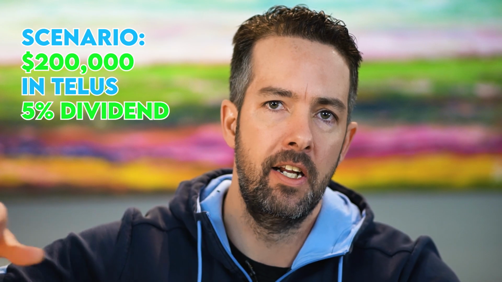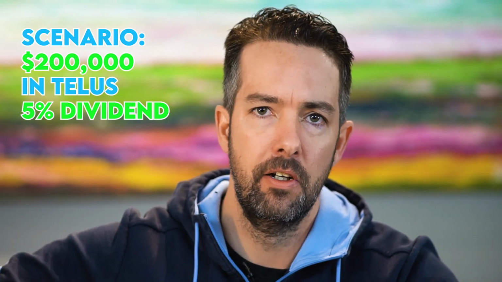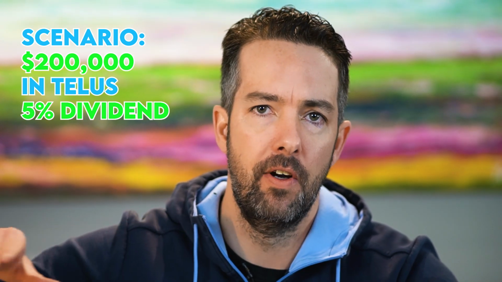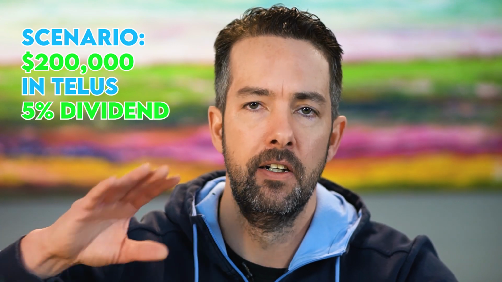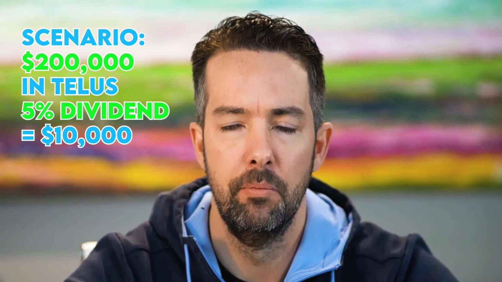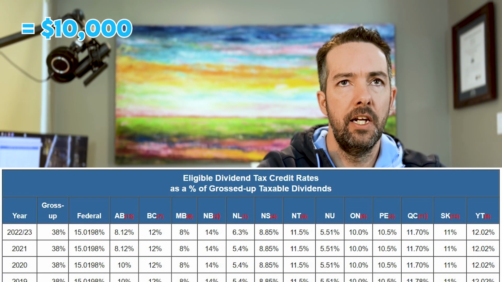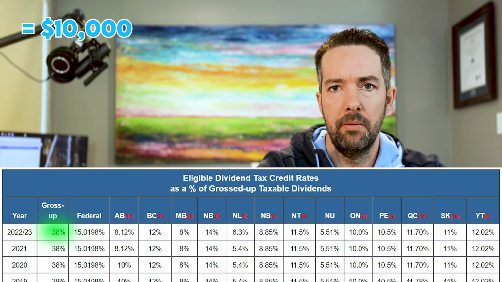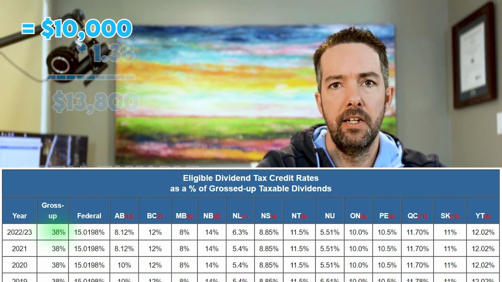But let's pretend that it was just straight $200,000, paid 5% for a year. You made $10,000 in dividend income. The very first thing that's going to happen is there's going to be a dividend gross up amount of 38%. So you have to times that amount by 38%.